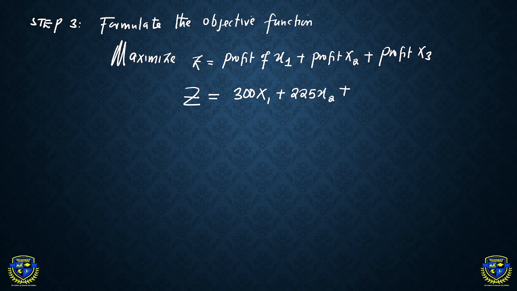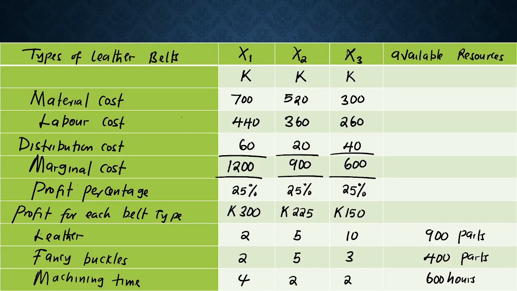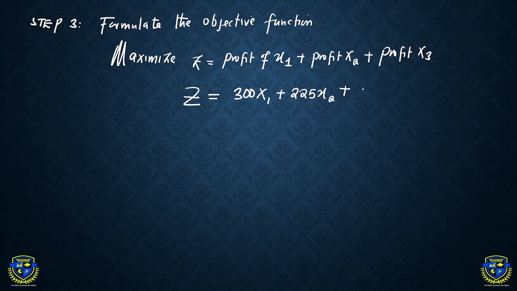Our profit for X sub 3 was 150, so we shall say 150 X sub 3. Okay. Then step number 4, we are told that we define the constraints.